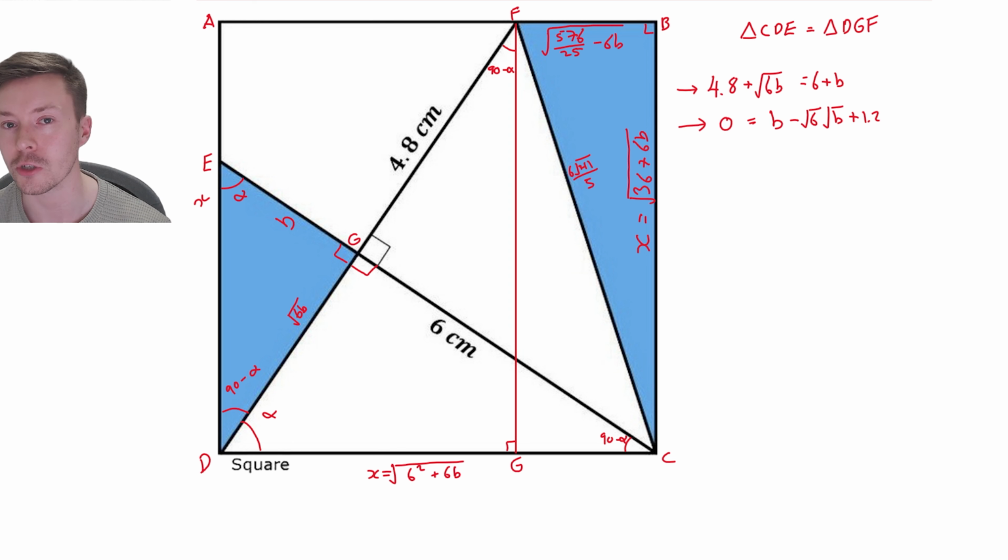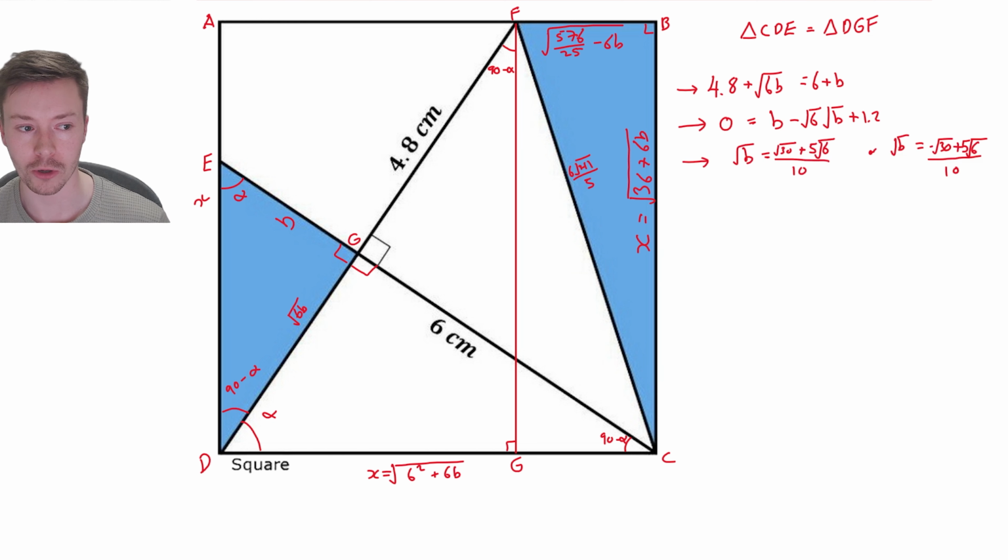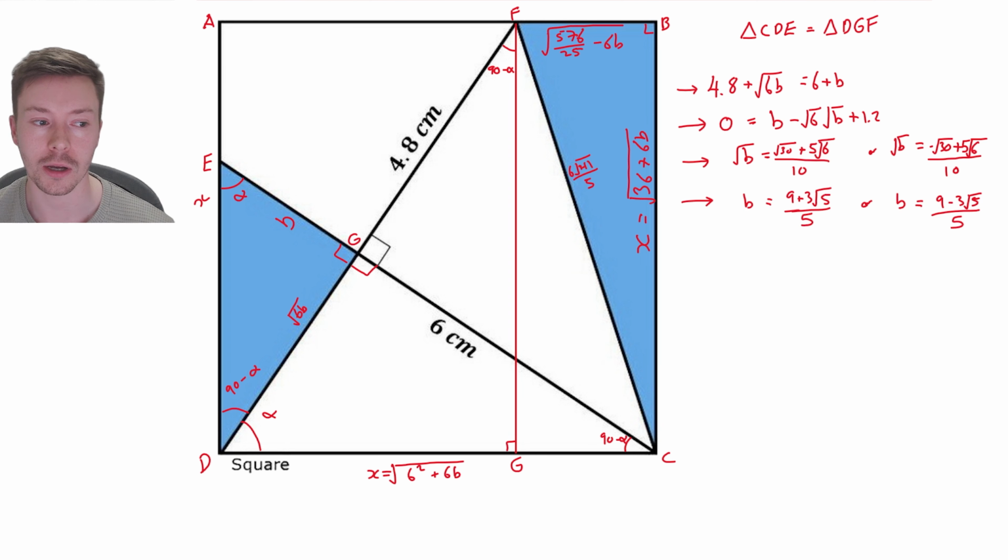So what you can do then is use your quadratic formula with 1, minus root 6 and 1.2, but what our solution will give us is root b. It's not going to give us a solution for b because our quadratic is in terms of root b. That's fine, because then all we've got to do is square both of those, and we get 9 plus or minus 3 root 5 over 5.